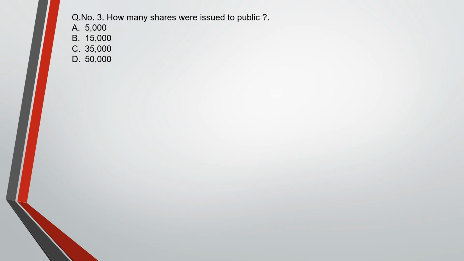Moving on to the third question, how many shares were issued to the public? Now we saw that it was registered with authorized capital of 50,000 shares, and we also saw that it issued to the vendor of machinery 15,000 shares.